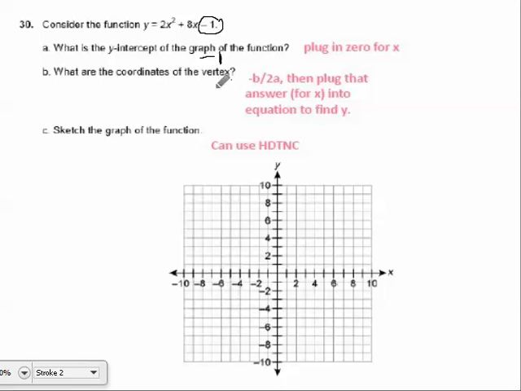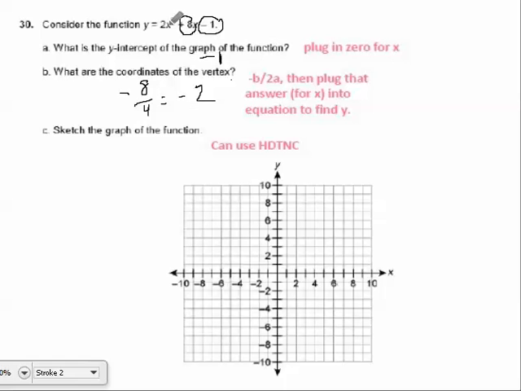Well, to find this vertex, you take the b value, 8, and you take -b over 2a. So that's going to be -8 over 2 times 2, 4, which is going to be -2. So that's my x value for my vertex.